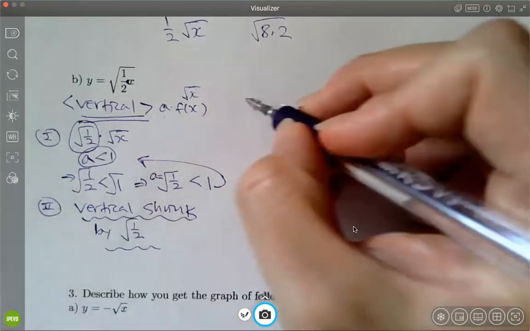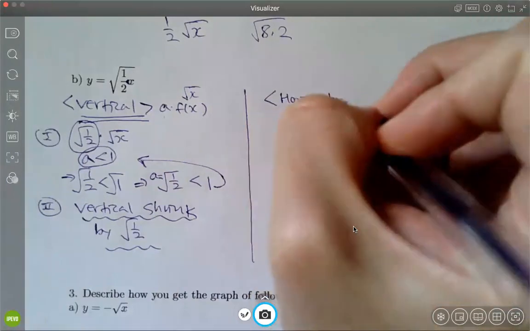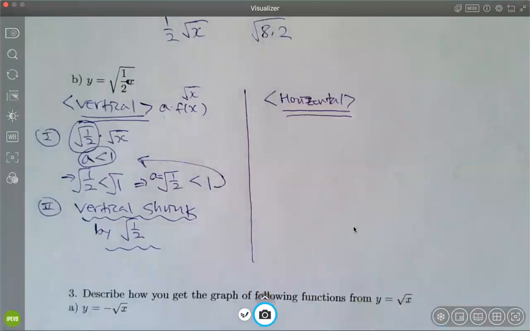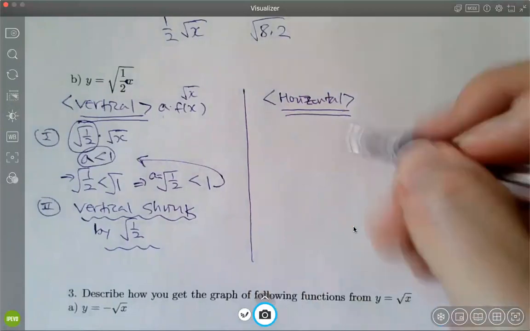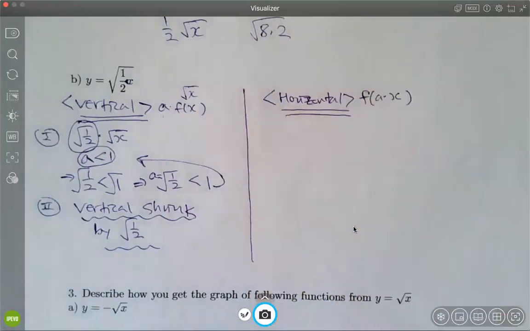Now let's do this problem with a horizontal transformation. Remember the setup of the horizontal transformation: the number is in front of x. From here, can you see what a should be? One-half, just 1/2, right?